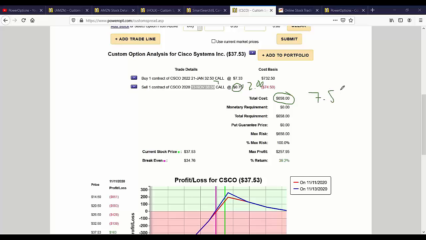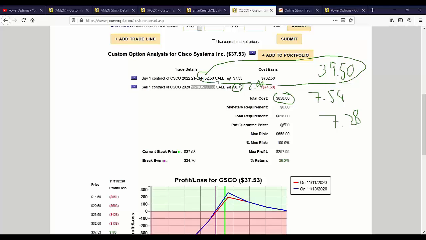Okay? So let's say that it was at 39. So now if I sell a 39.50 call and get 30 cents, okay, so if I roll up to the 39.50 and I get 30 cents, that now reduces my new cost basis to $7.28. But I'm only at a strike difference of 7.